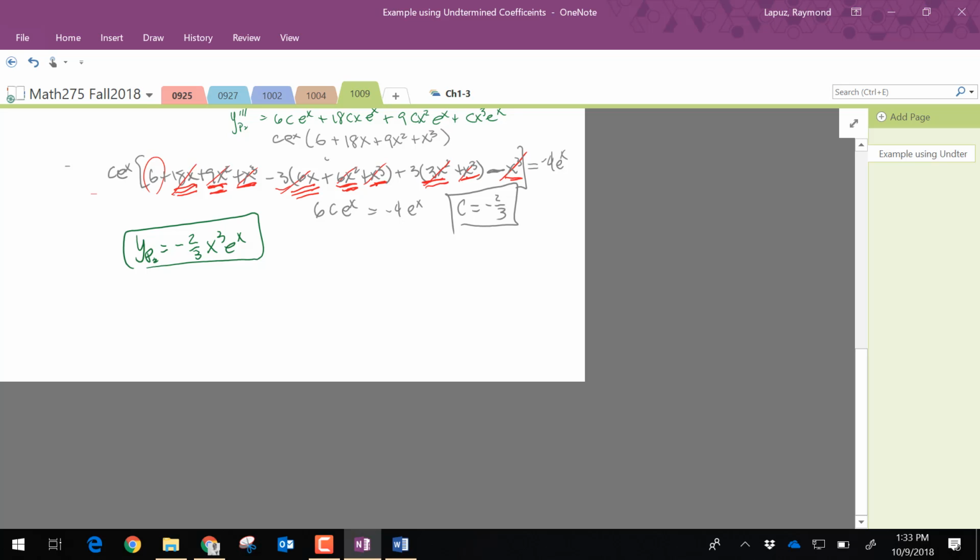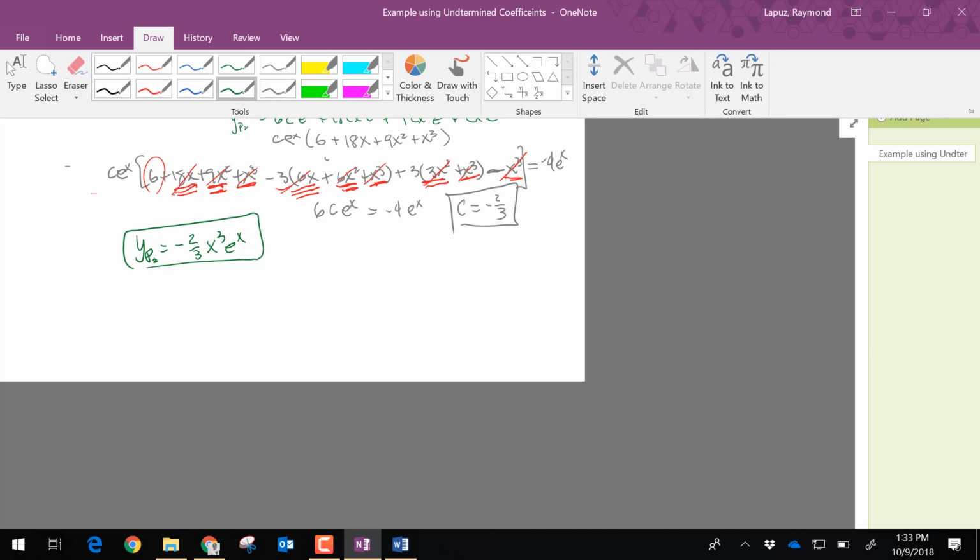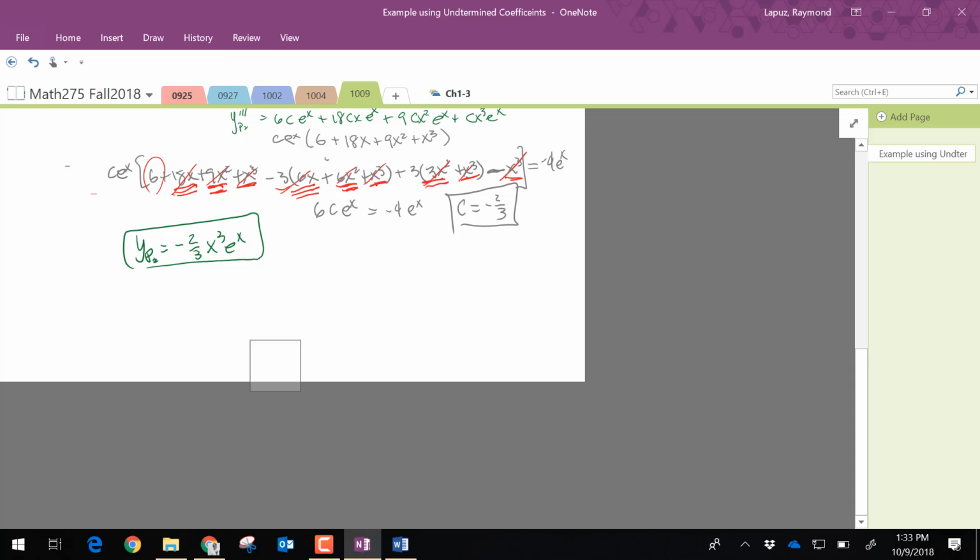Okay. So now we string it all together to get our final solution. C1 e to the x plus C2 x e to the x plus C3 x squared e to the x. So that's our solution for our homogeneous differential equation, our general solution.